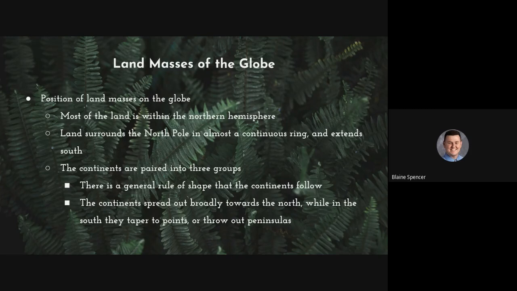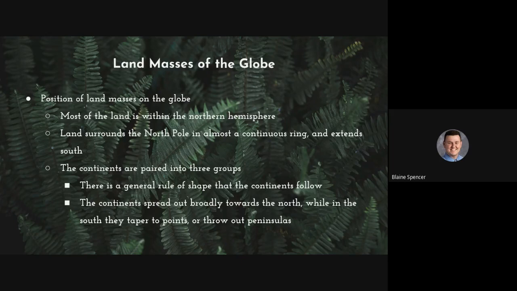We also see that, because they're all surrounding the northern hemisphere, the land near the North Pole basically forms a continuous ring. It's one massive ring, and then it moves southward. It goes south. It doesn't start from south up.